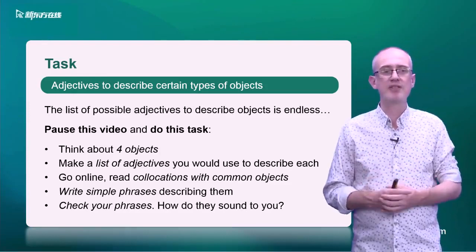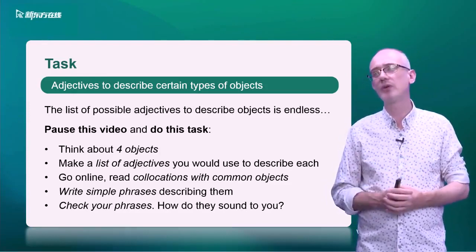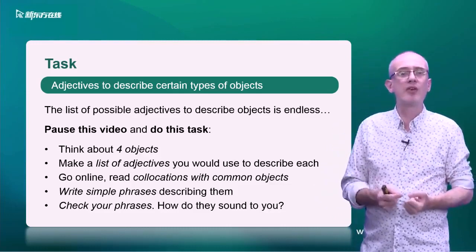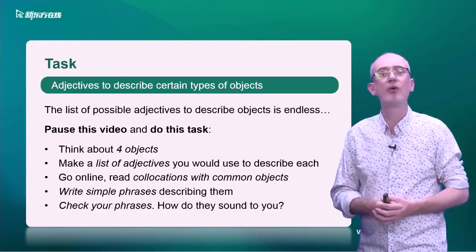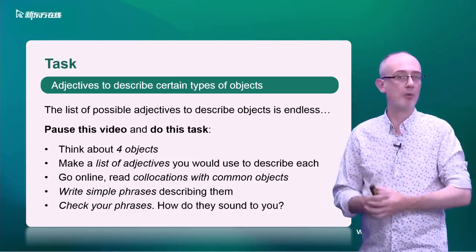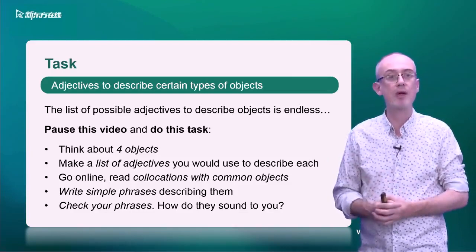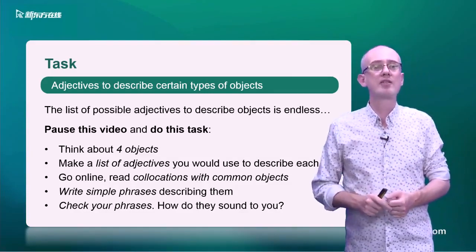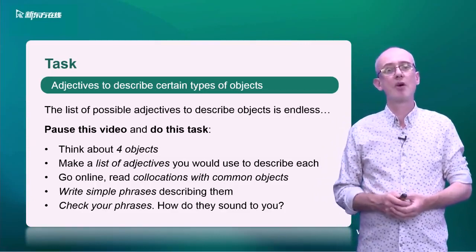Check your phrases. How do they sound to you? Go through anything you find online, in English of course, relating to old objects, or new objects, or designs, or pieces of equipment, and see what the collocations are when somebody describes these objects.